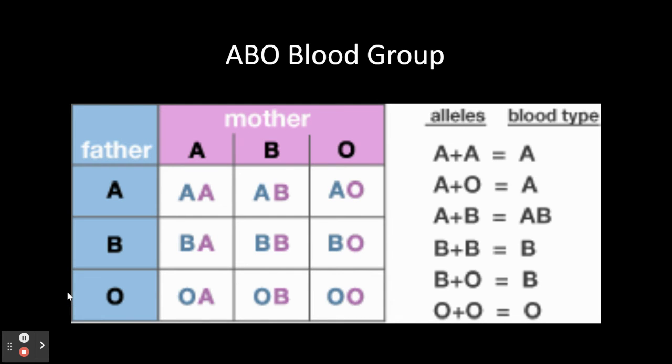Therefore, when we put this into a table to process, we can see, depending on what alleles the mother or father passes on to the offspring, dictates what kind of blood type you will have. If you have a B and an A, it's an AB blood group. You only get O blood if you have both parents giving you an O allele.